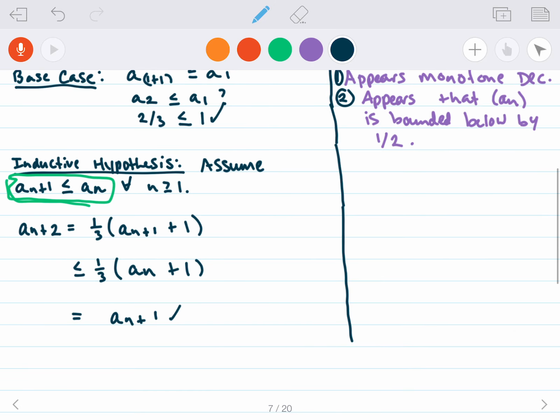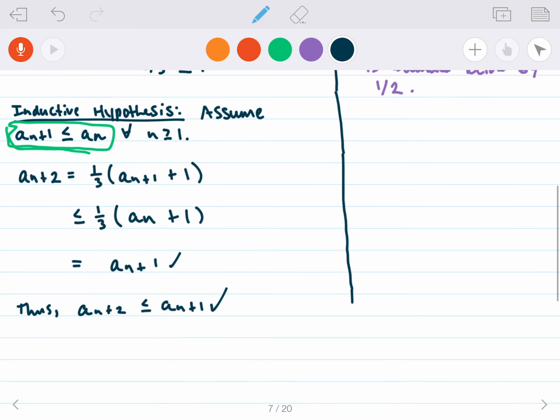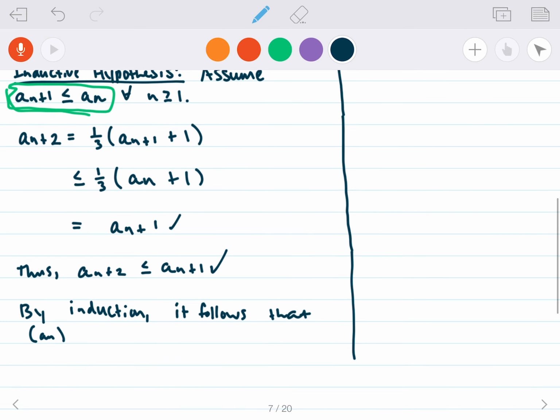Okay, and so what we've shown is a sub n plus 2 is indeed less than or equal to a sub n plus 1. Okay, and we're done. So by induction, it follows that our sequence is monotone decreasing.